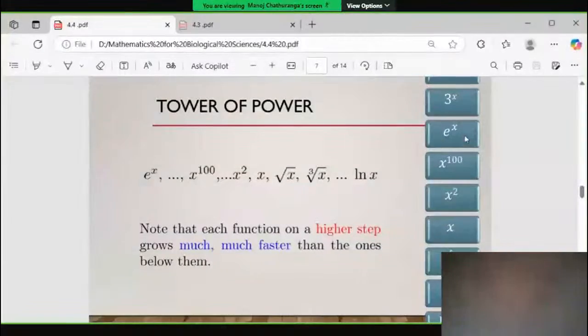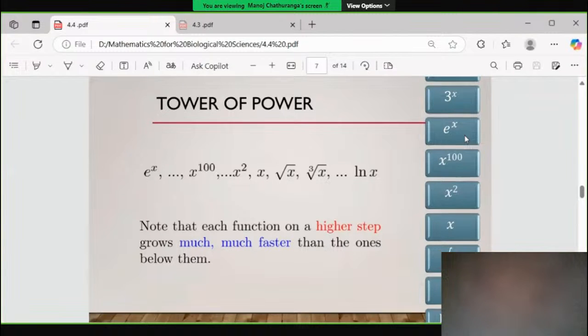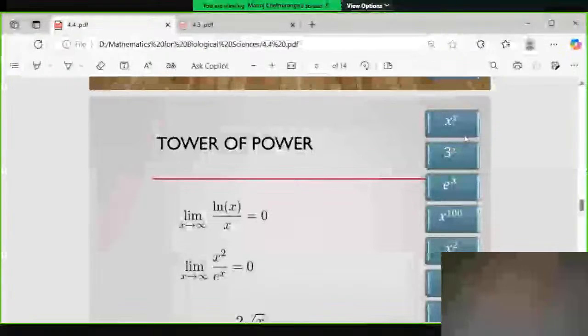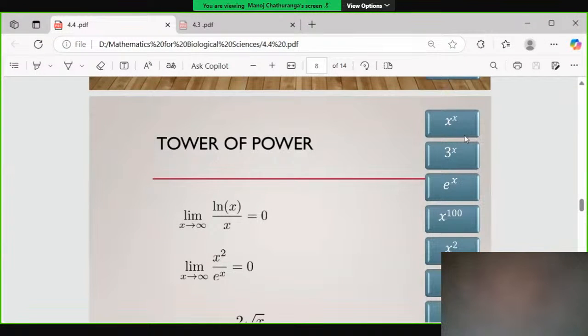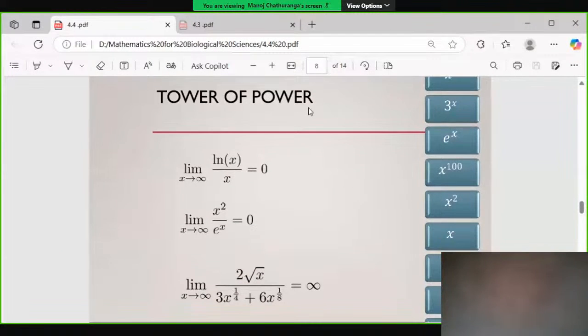So how can we use this power tower for computations? We can use this tower of powers to compute things like this. Say you want to compute the limit as x goes to infinity of ln x over x.